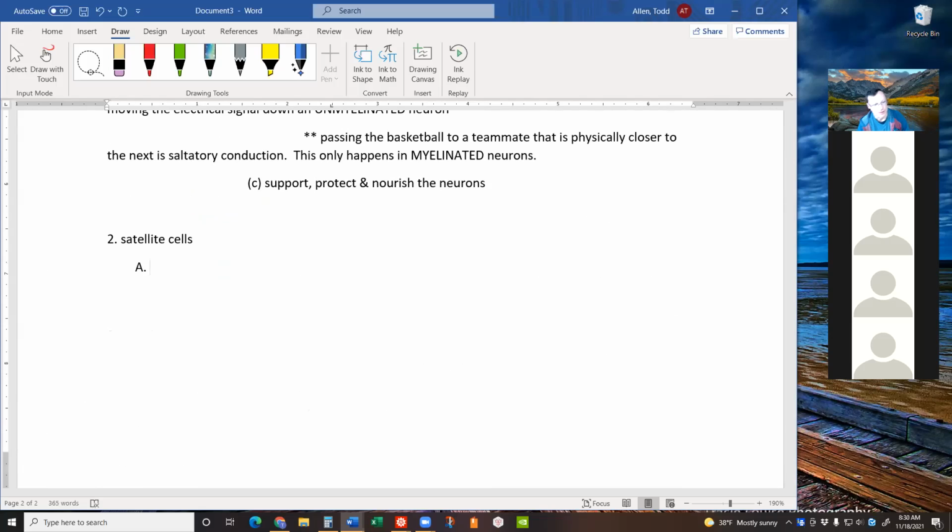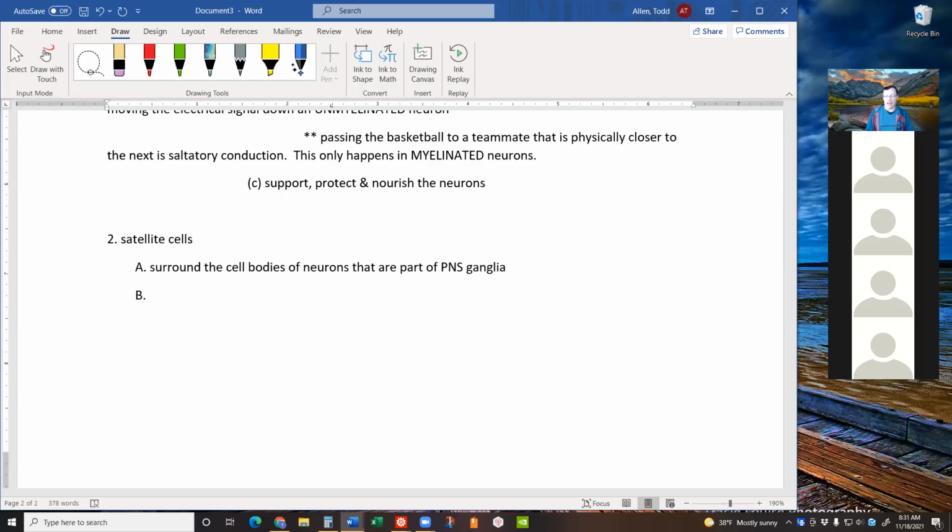First off, satellite cells surround the cell bodies of neurons that are part of ganglia, peripheral nervous system ganglia. These satellite cells provide a measure of structural support to these groups of cells.